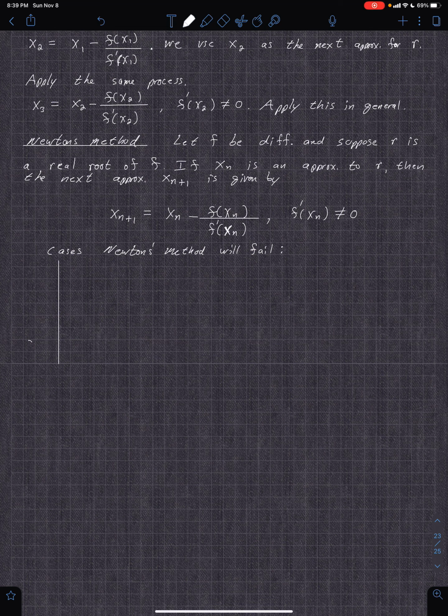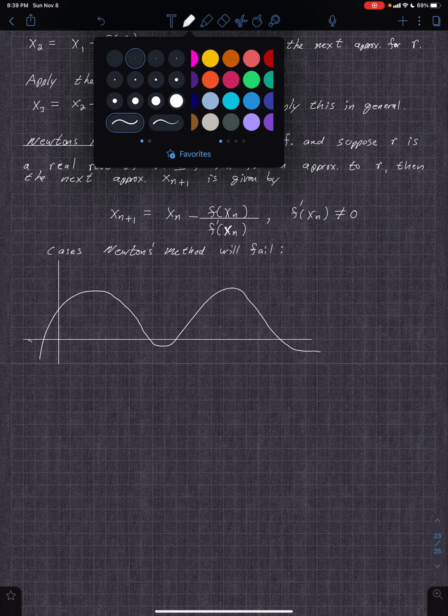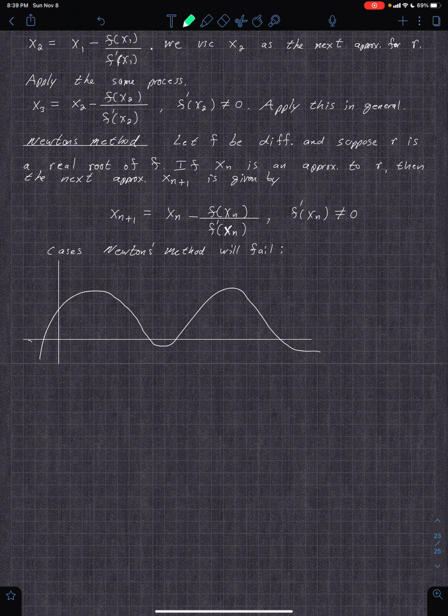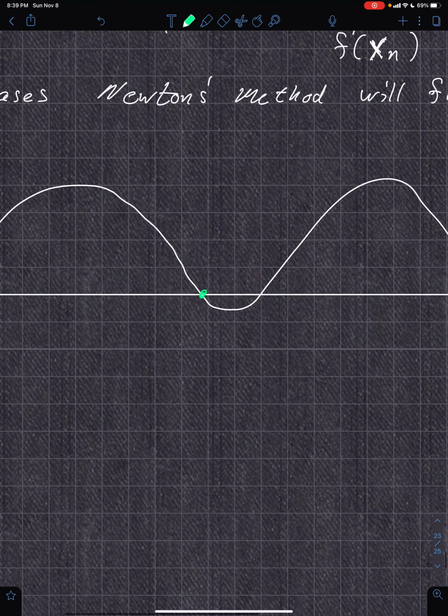So if you have some graph, you have to do it kind of like this, and then, okay, something like that. Then there's a few cases we got to be careful of. Let's do a different color here. One, so here's your roots. So there's a root there and a root here, kind of close together.